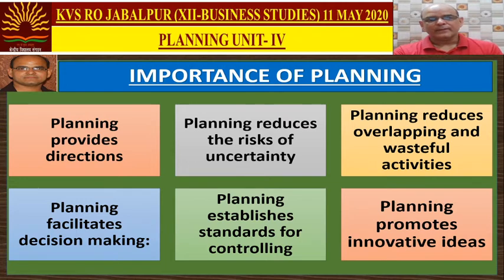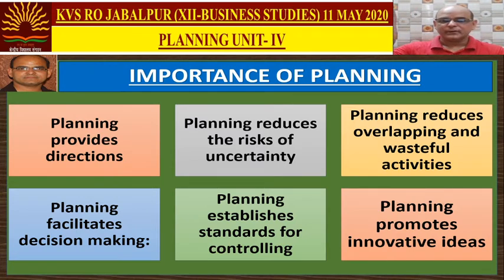Number 2, planning reduces the risk of uncertainty. For example, I am running a shop and I may be worried that there may be an outburst of fire. There may be a risk of fire in my shop. Then what will I do? I will write the fire station number.